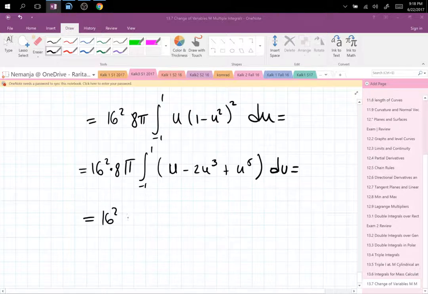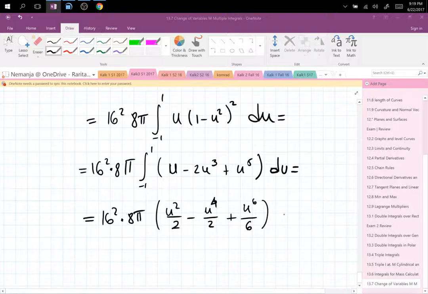Yeah, this problem, I'm not too happy with this. U squared over 2 minus u to the 4th over 2 plus u to the 6 over 6, computed from negative 1 to 1.